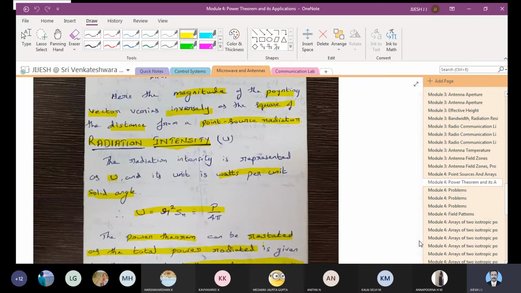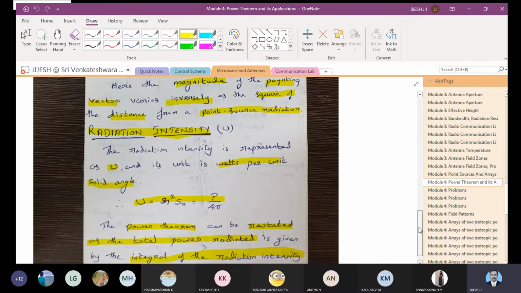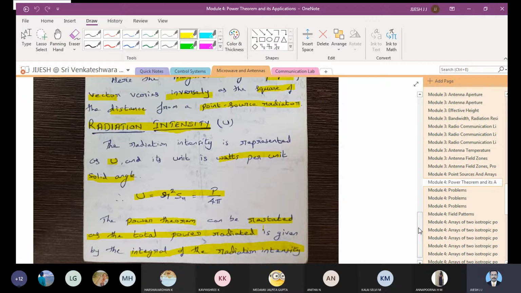Then we go to radiation intensity. You get U equal to r square SR, which is P divided by 4 pi, and we call U the radiation intensity. The power theorem can be restated in terms of radiation intensity: the total power radiated is given by the integral of the radiation intensity.